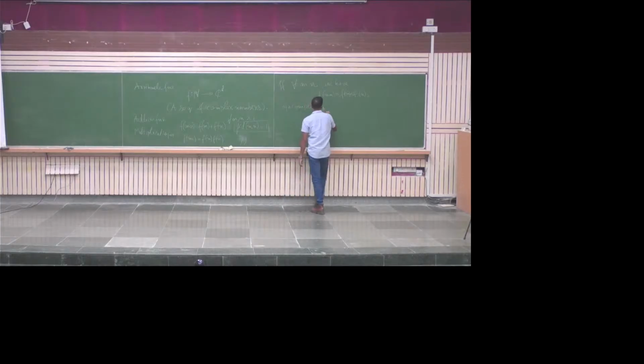And if for all m, n we have f of mn as f of m times f of n, we say that f is completely multiplicative.